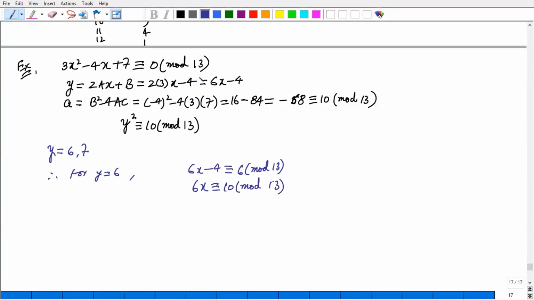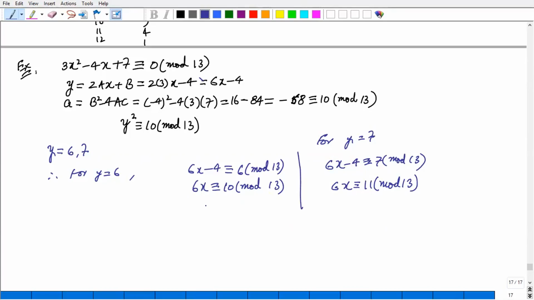For the other case, y equals 7, 6x minus 4 is congruent to 7 modulo 13, so 6x is congruent to 11 modulo 13.